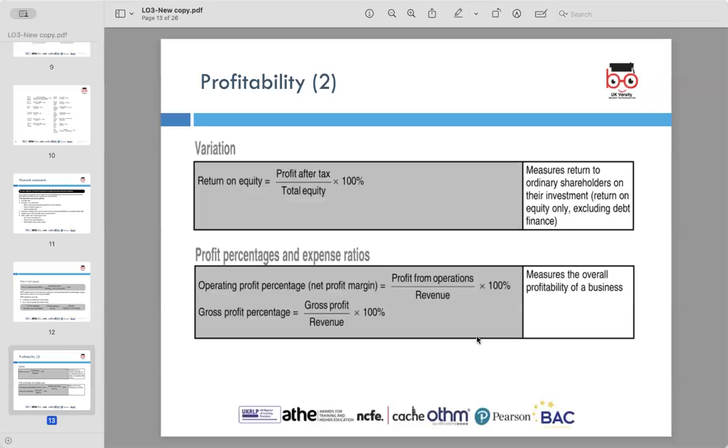It indicates how much profit a company generates relative to the shareholders' equity invested. ROE is critical for shareholders as it reflects the efficiency with which their equity is being utilized to generate profit. A higher ROE indicates better profitability and management effectiveness in generating returns for shareholders.